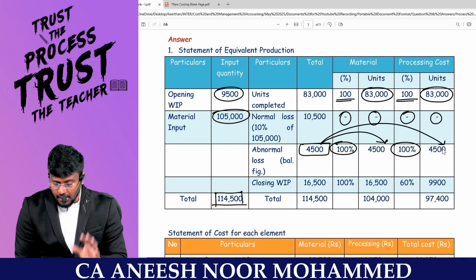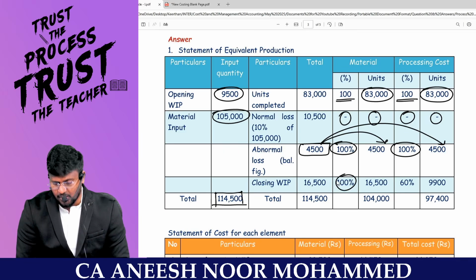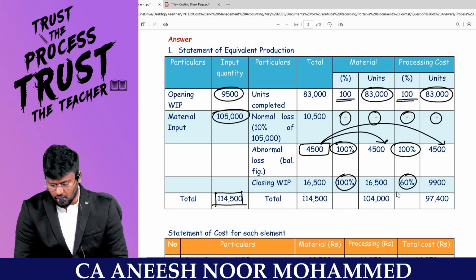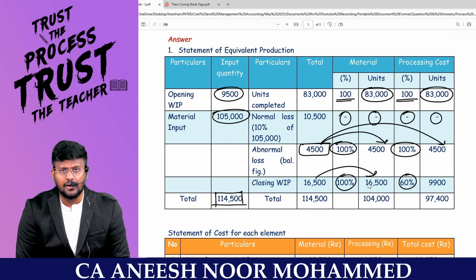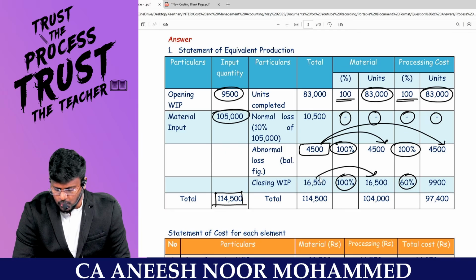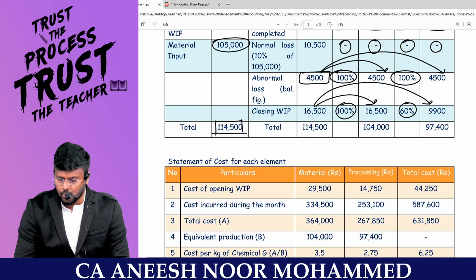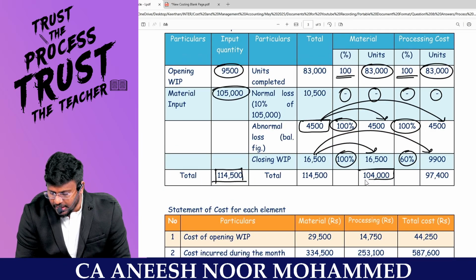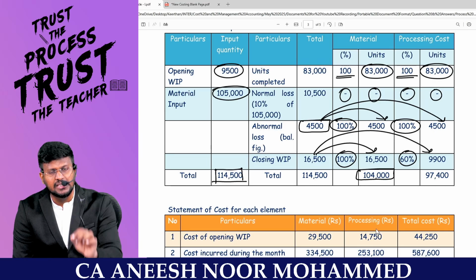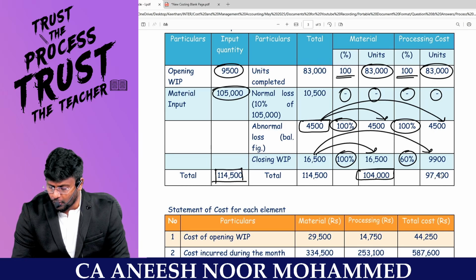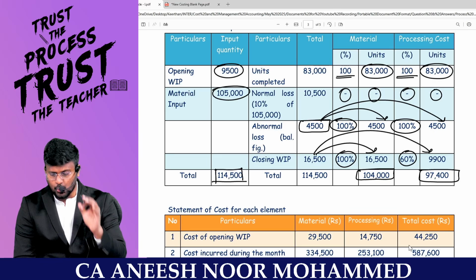But closing WIP, they said 100% with regard to material and 60% with regard to processing cost. So 16,500 into 100 percent comes to 16,500, and 16,500 into 60% comes to 9,900. So the equivalent units for material is 1,04,000 units, and the equivalent units for processing cost is 97,400 units.